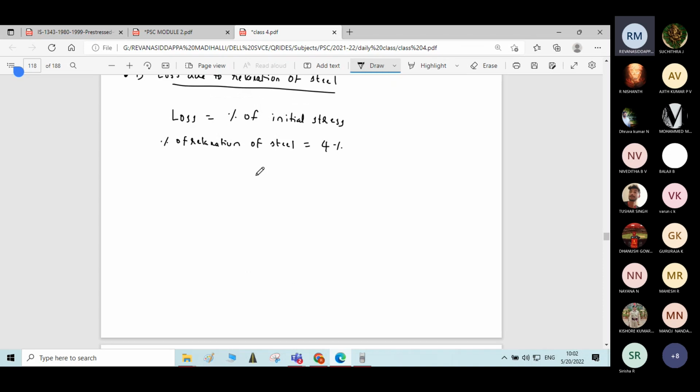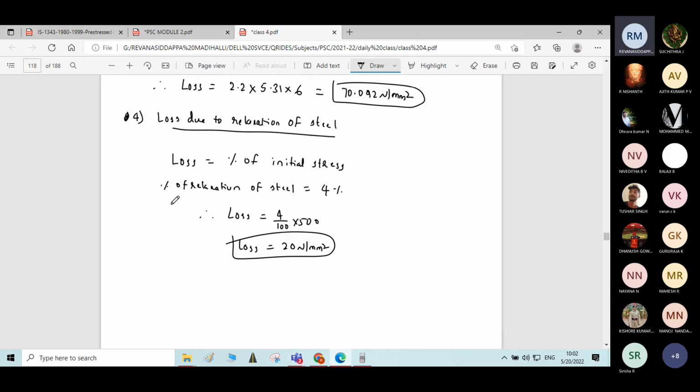Therefore, loss is 4%, that is 4 by 100 of 500. Therefore, loss is equal to 4% of 500, which means 20 Newton per mm square.